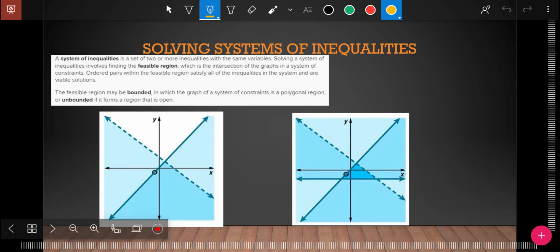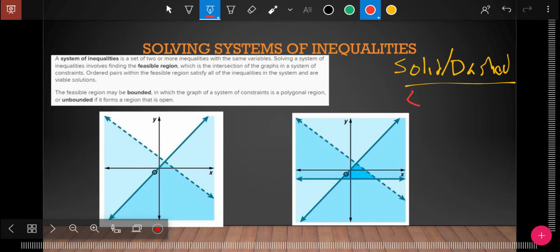Remember that you need to figure out whether it's a solid or dashed line. If it's just greater than or less than, then you're going to put a dashed line.